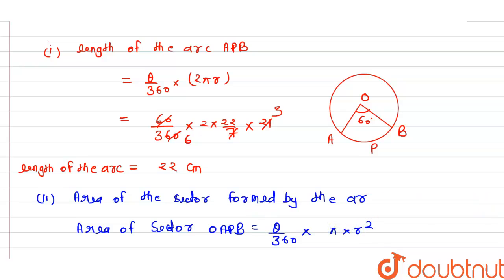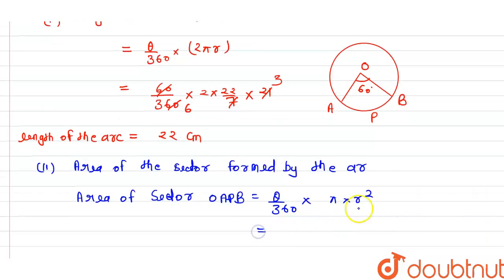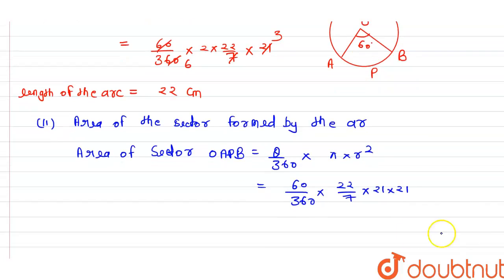So when we put the value, theta, the angle subtended at the center, is 60 upon 360 into pi 22 upon 7 into r square, that is 21 into 21. When we simplify this, this will be cancelled out with this by 6 times, and 7 will be cancelled out with 21 by 3 times, so it will be 22 into 3 into 21.